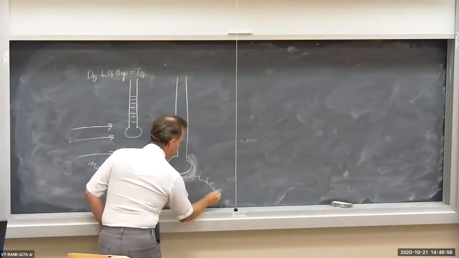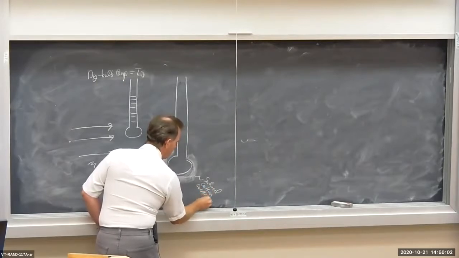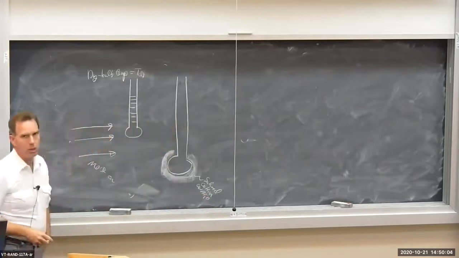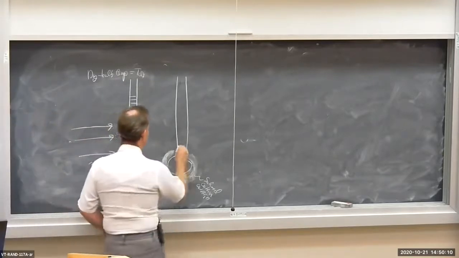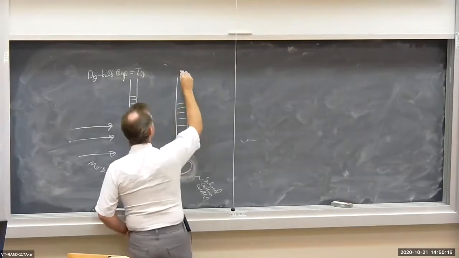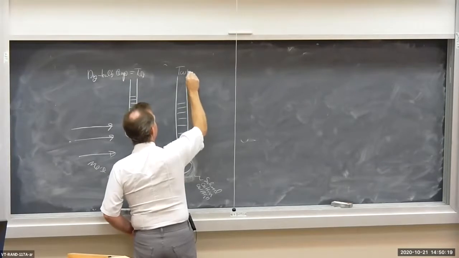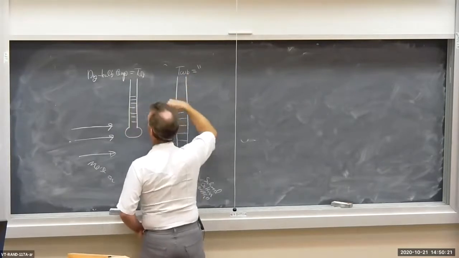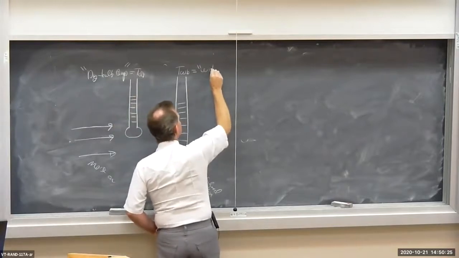Saturated cotton with H2O. So it's liquid water impregnated cotton wool. The temperature measured here is called the wet bulb temperature, TWB, wet bulb temperature.